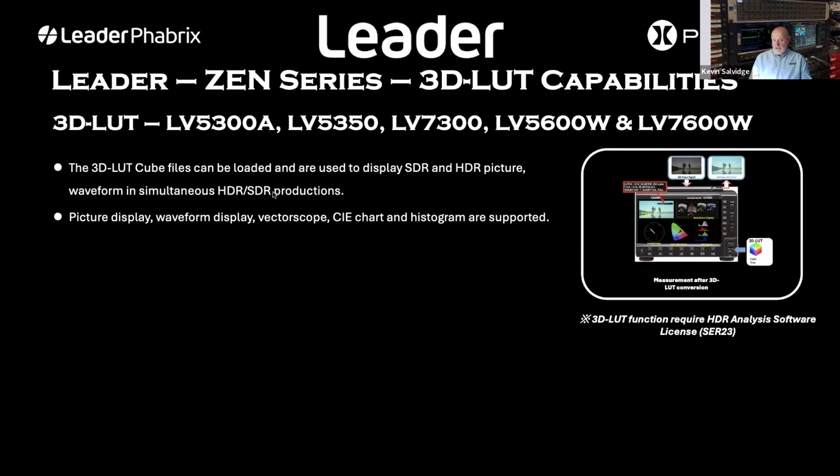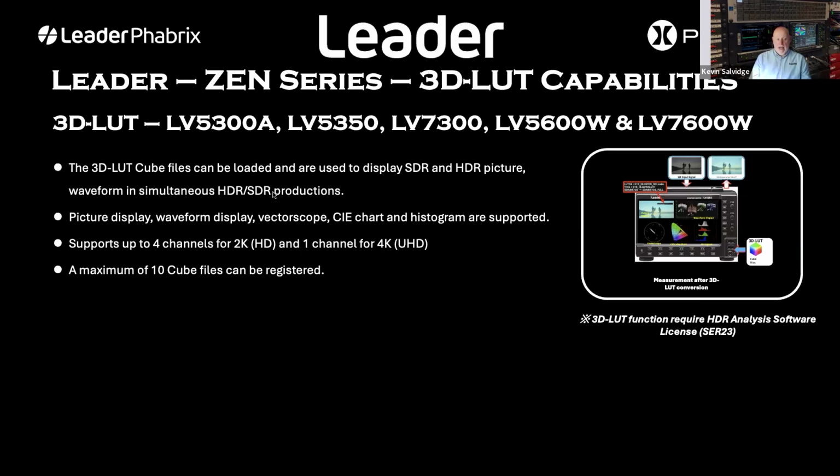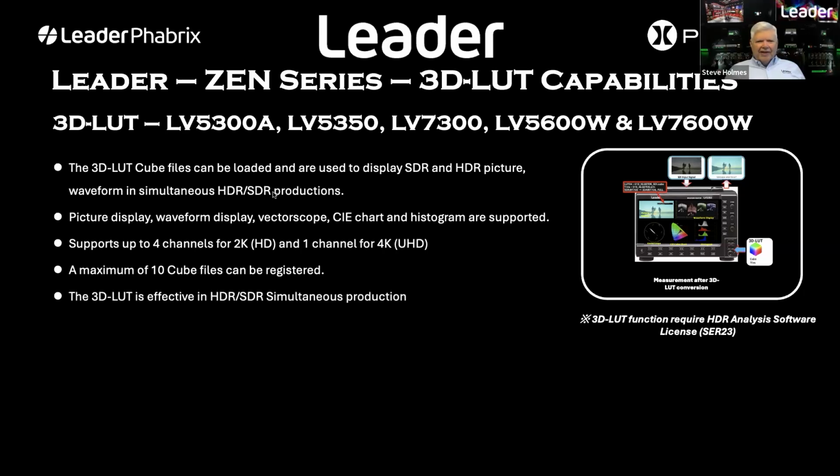And this works on the picture, waveform, vector, CIE color chart, and the histogram. And we can support up to 4 channels in HD or 1 channel in UHD, and a maximum of 10 cube files can be registered. And it's a standard everyday 33-bit cube file. Nothing fancy.